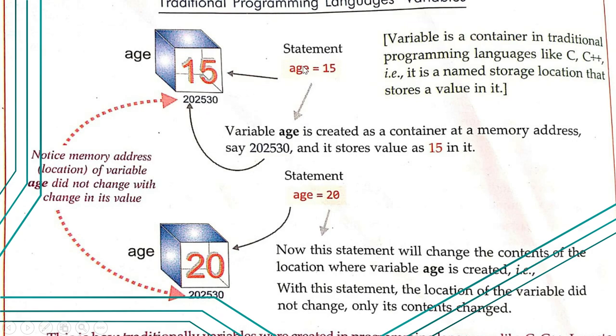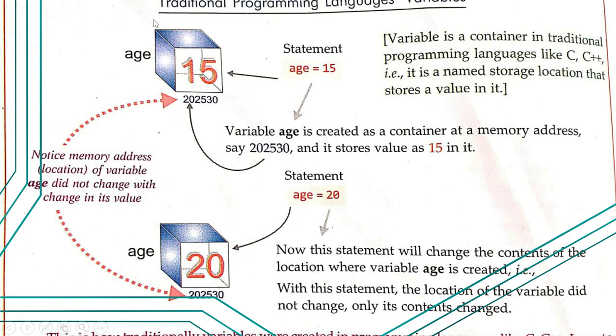When we assign the value 15 to it, 15 gets stored in this memory. Later, we change the value of this variable from 15 to 20. Now this memory address 202530 will contain 20.